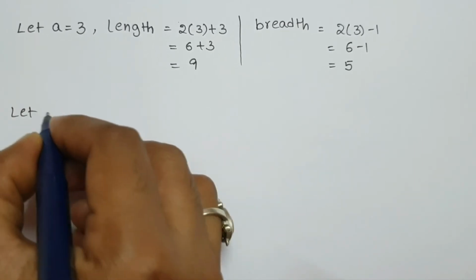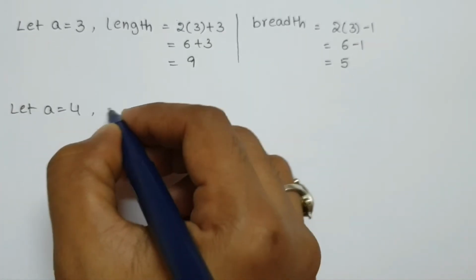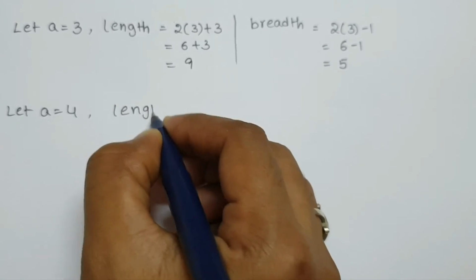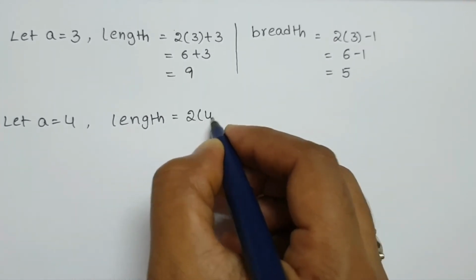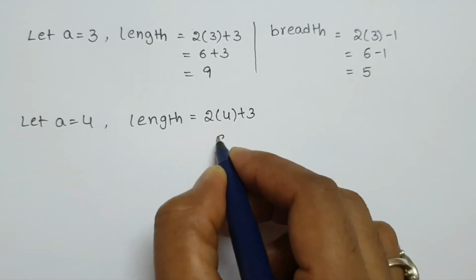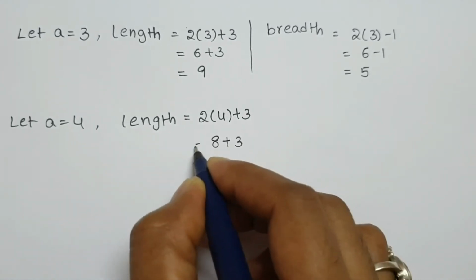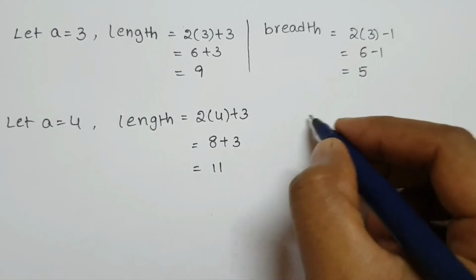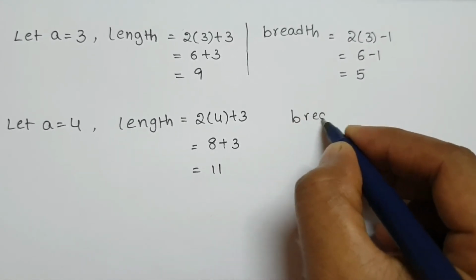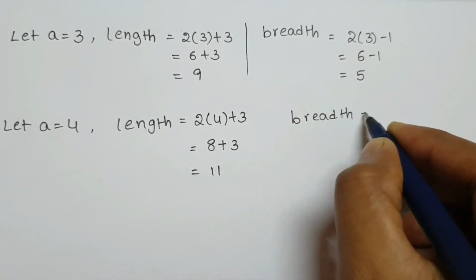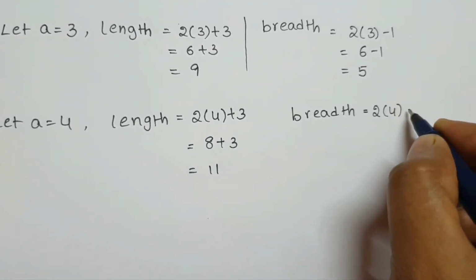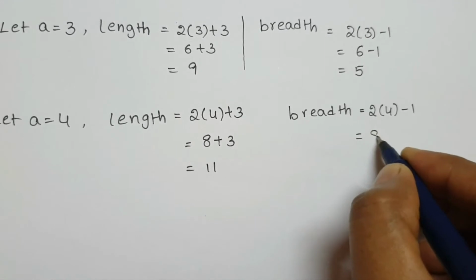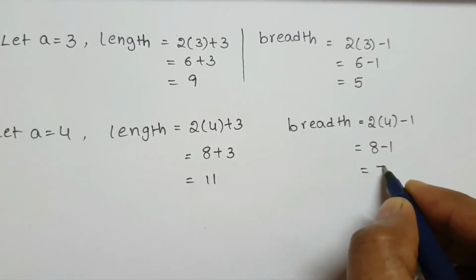Next, let a equal to 4. Length 2a plus 3 means 2 into 4 plus 3, 8 plus 3, we get 11. Breadth 2a minus 1, 2 fours are 8 minus 1 equals 7.